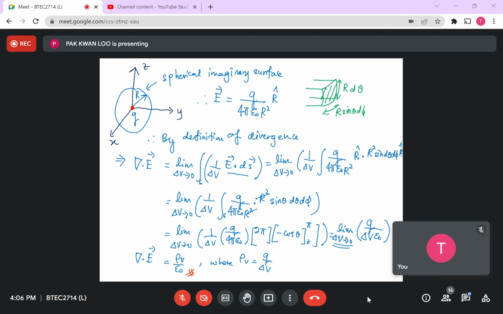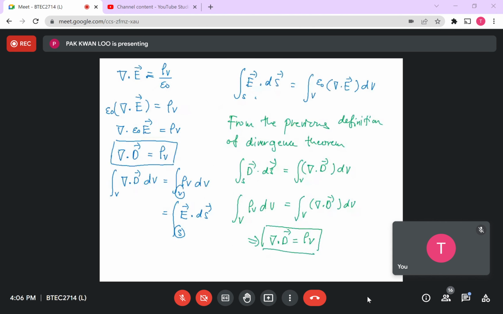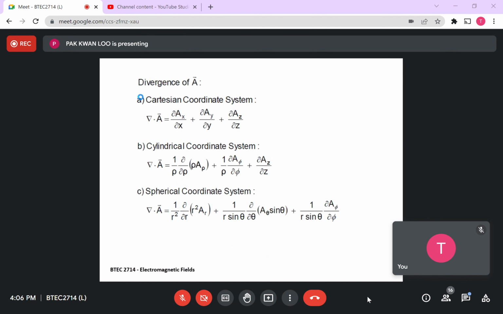Please remember, I'm using this example of a point charge just to show the development of this theorem: using Gauss law and the application of the divergence theorem, and how it relates to the point form of Gauss law.